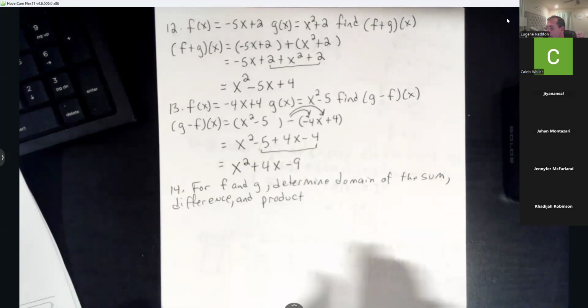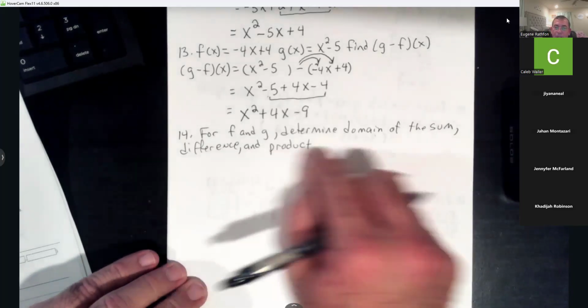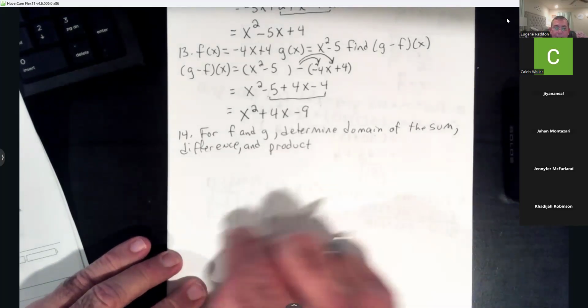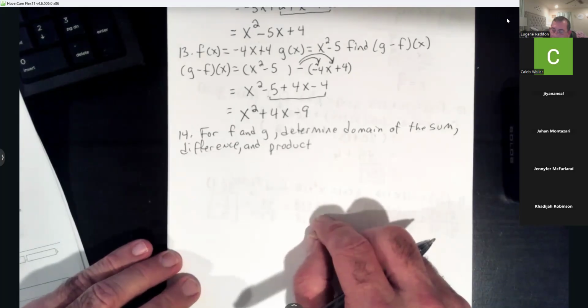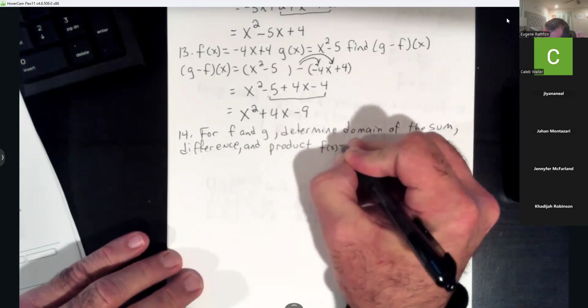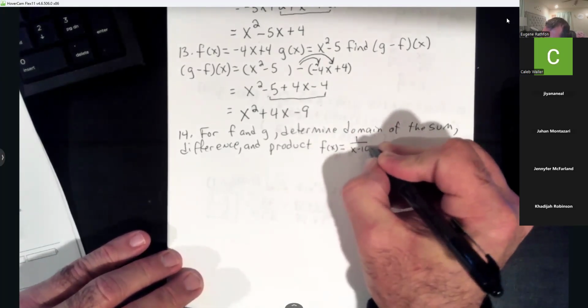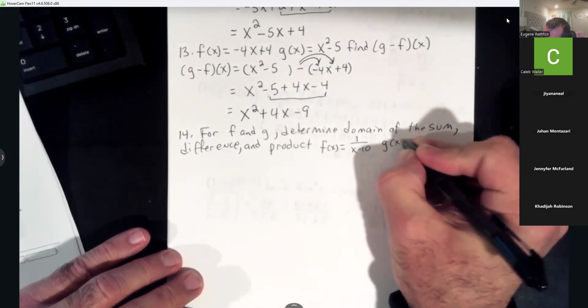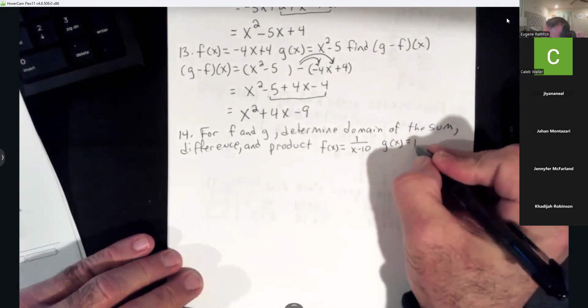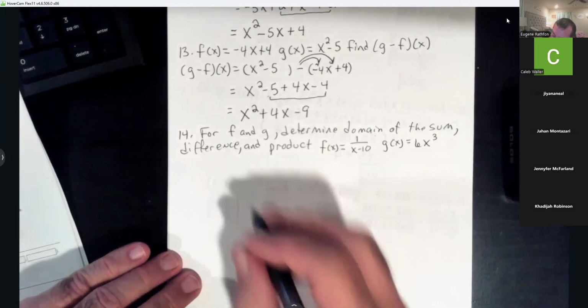So it's almost like a three-part question, okay? You'll do the sum, then you'll figure out the difference, then you'll figure out the product. Now the functions are f of x equals 1 over x minus 10, g of x equals 6x cubed.